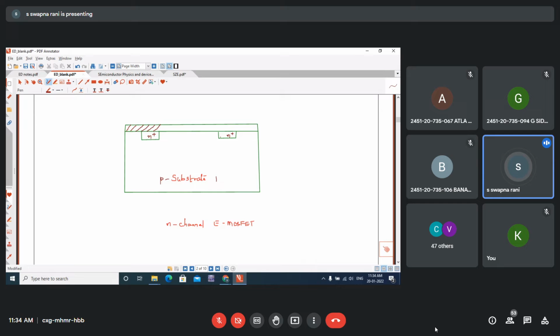And once this is done, over this substrate, a thin layer of dielectric material or insulating material is deposited.